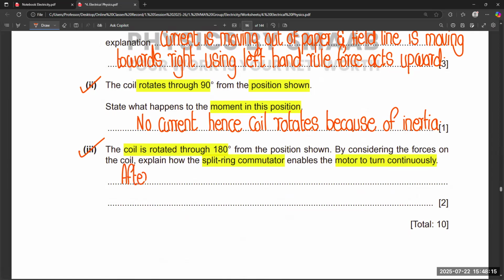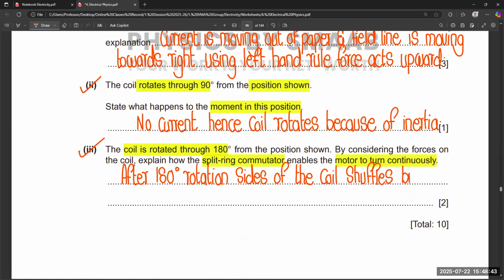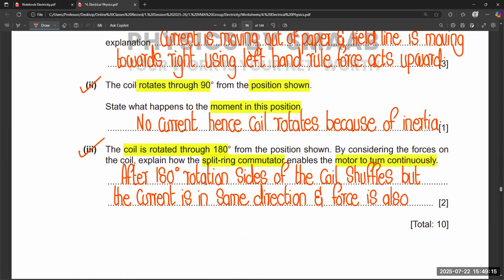So after 180-degree rotation, the sides of the coil shuffle, but the current is in the same direction and the force is also in the same direction.